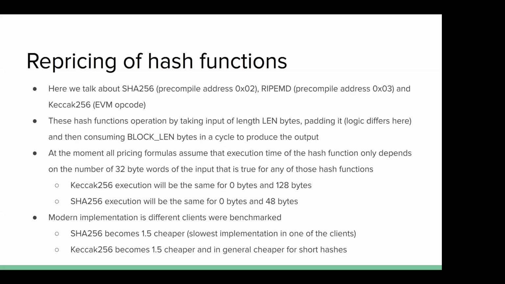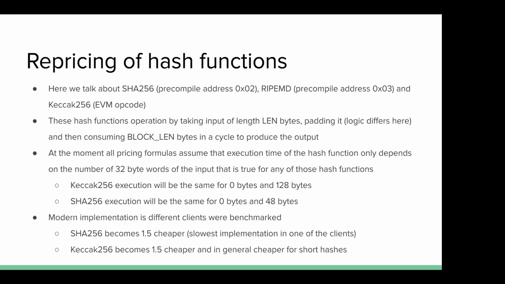So for example, the Keccak-256 hash function will take the same time to execute if the input is empty, so 0 bytes, or if the input is 128 bytes. The execution time will be the same, and it just reflects the internal structure of the hash function. For SHA-256, this is the same behavior, just the constants will change.